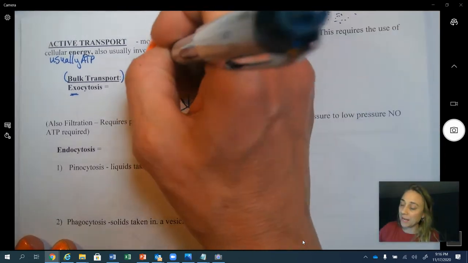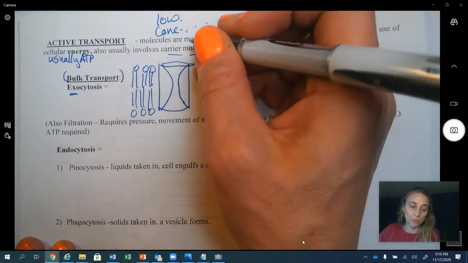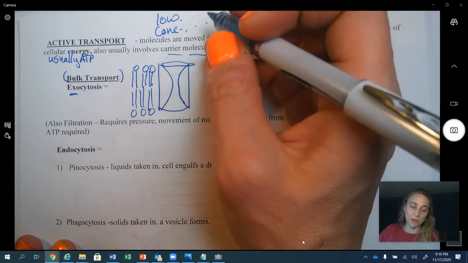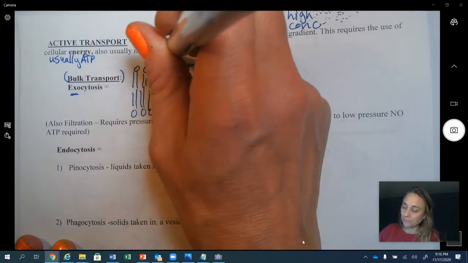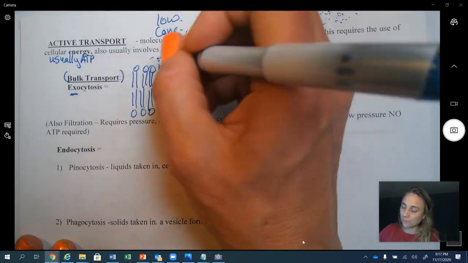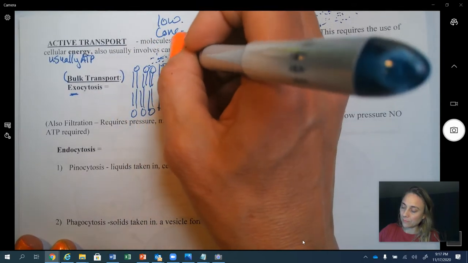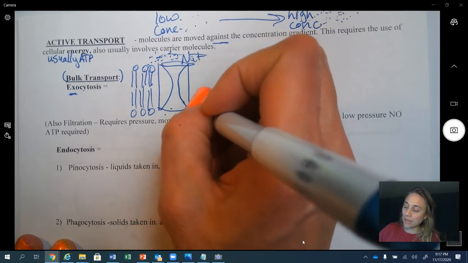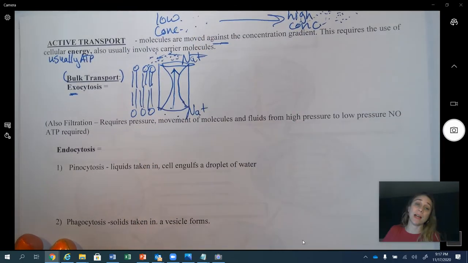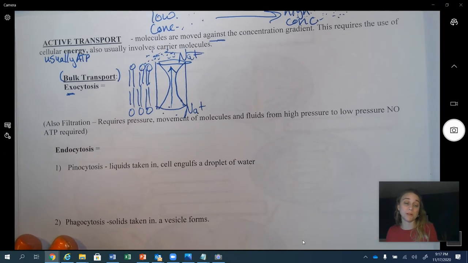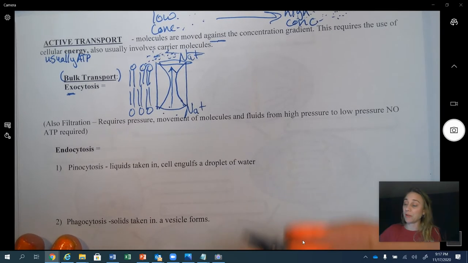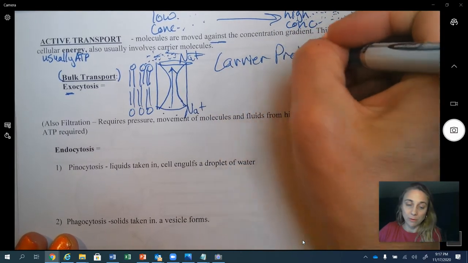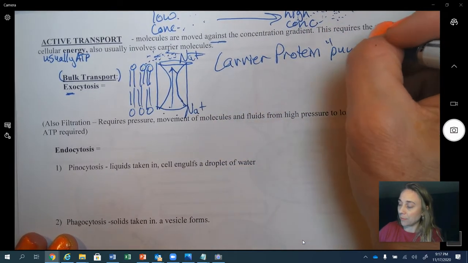So let's say we have a high concentration of sodium and a low concentration of sodium, and it's still going to pump sodium molecules across the cell membrane one at a time with the use of a carrier protein. It kind of is like a pump.